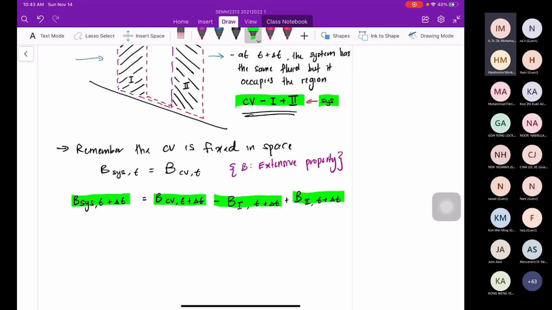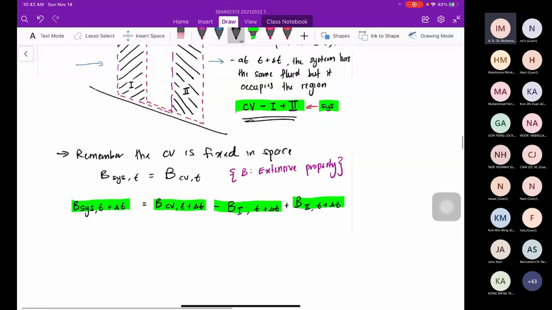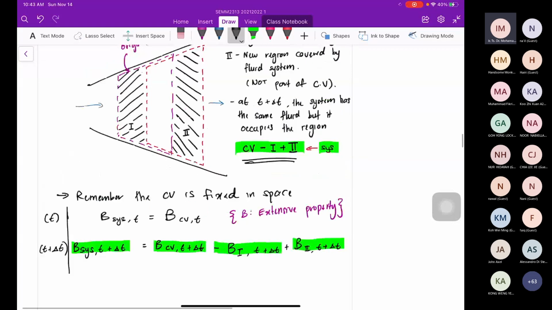Basically I want to show you, this is in terms of time t, and this is at t plus delta t. At time t, the system coincides with the control volume. After t plus delta t, to get the system, control volume minus region 1 plus region 2.